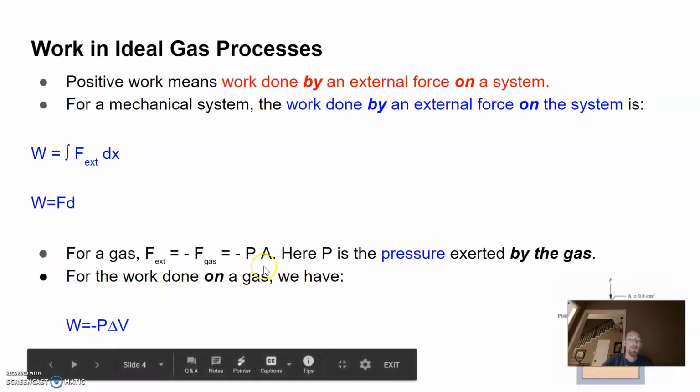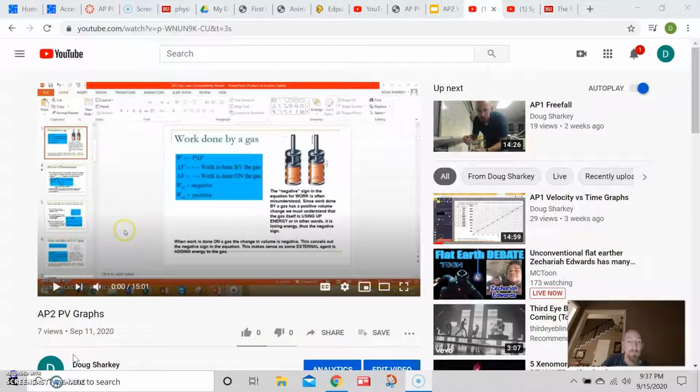So here's the problem that we're having. When I made videos, I talked about work done by or on the gas. And it depends on what you're talking about. This is a convention. So we could be talking about the gas doing work on its environment, the environment being the cylinder and the piston.